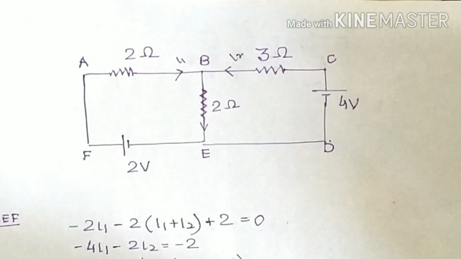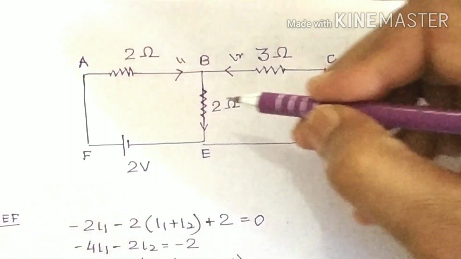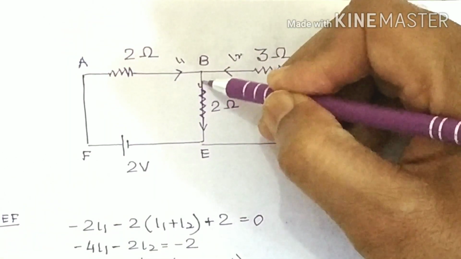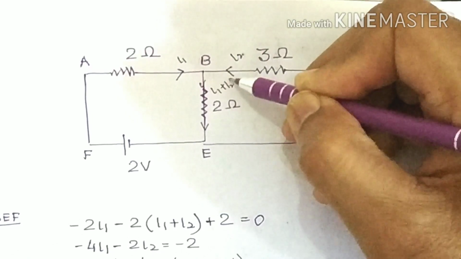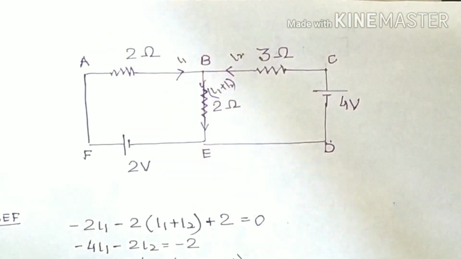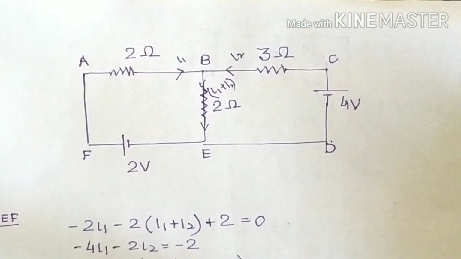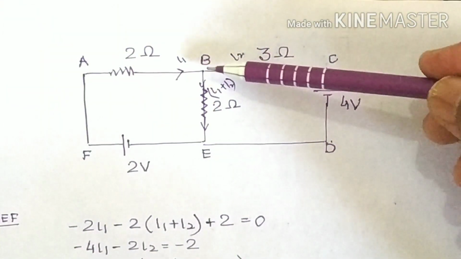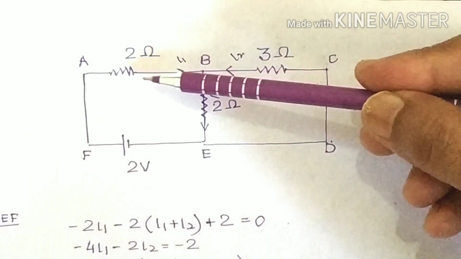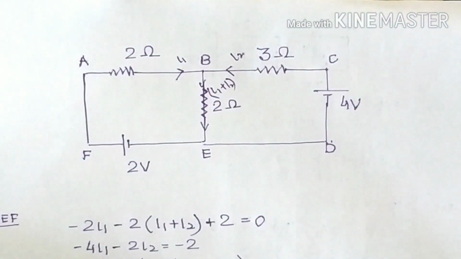Apply the first rule, the junction rule. Total incoming current is equal to total outgoing current. So this current will be I1 plus I2. You can consider any direction, I1 here, I2 here, then this will be I1 plus I2. So you can consider any direction at the node point.